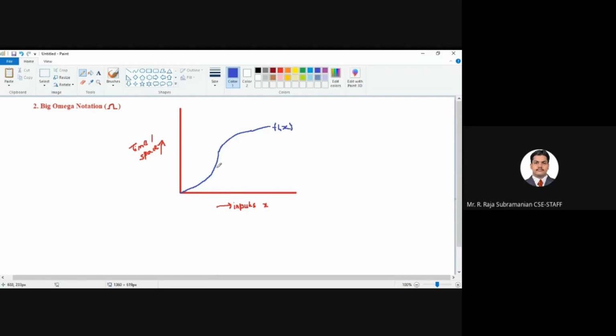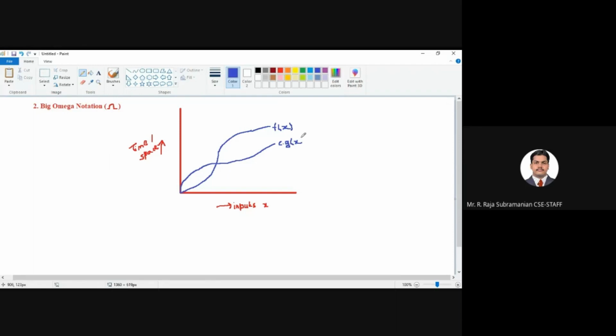And I need to draw the g of x now. G of x will be initially higher than f of x, and after some point of time, it will become lower. This is c into g of x. Now you know what c is, right? Yes, sir. After giving the c value, it will be somewhat lower.